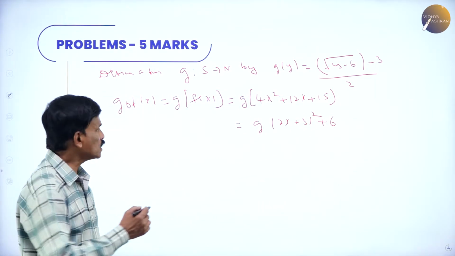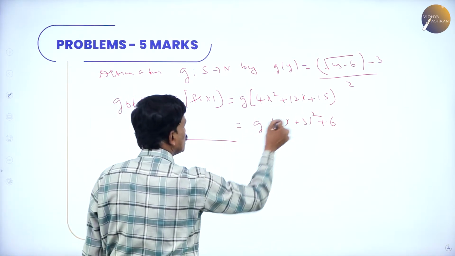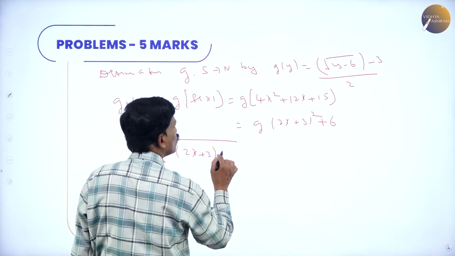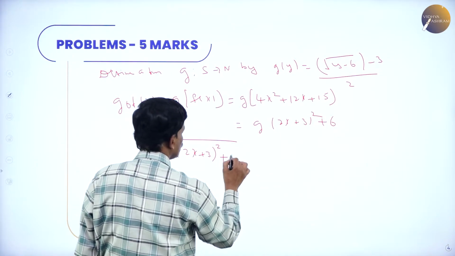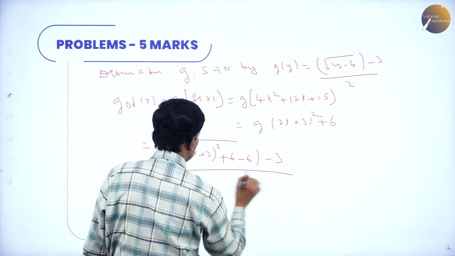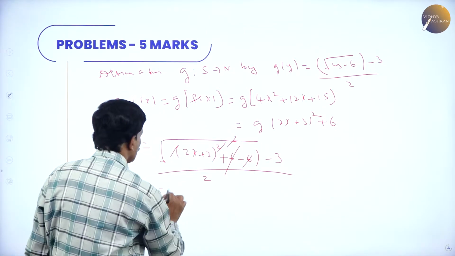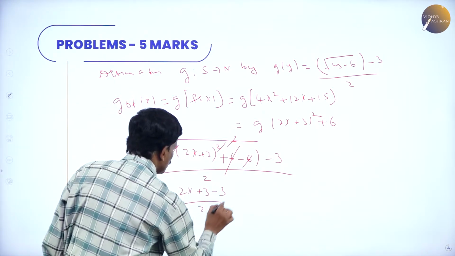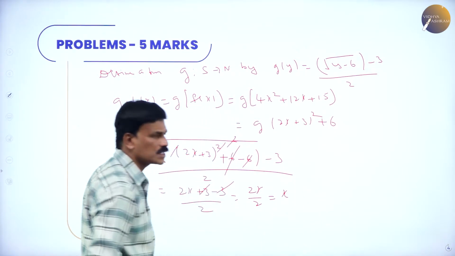So, this is equal to the square root of (2x plus 3) whole square plus 6 minus 6, minus 3, divided by 2. The square and square root get cancelled. What is left in the numerator is 2x plus 3 minus 3, divided by 2. Minus 3 plus 3 gets cancelled. 2x by 2 is equal to x.